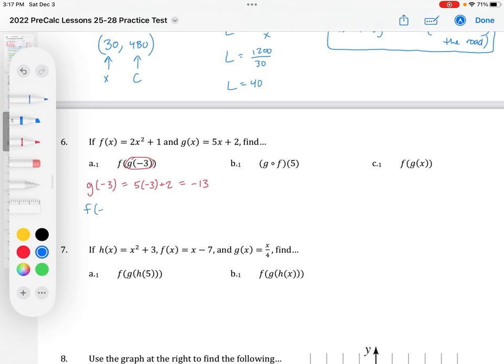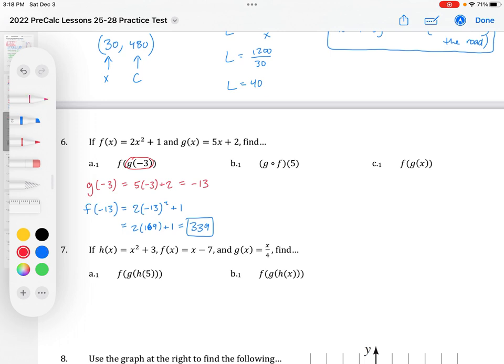So we found g of -3 and found that it was -13. Then f of -13 is 2 times -13 squared plus 1. So that's 2 times 169 plus 1, which ends up giving you 339 for your final answer.